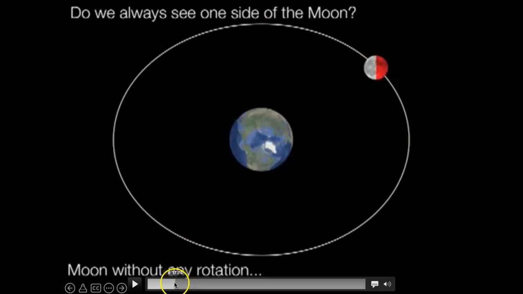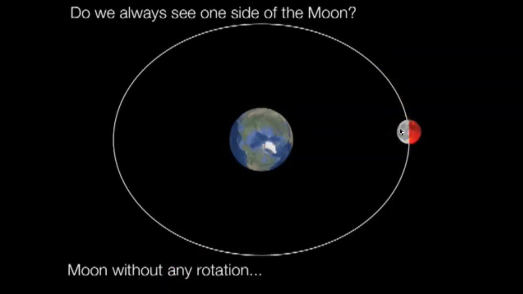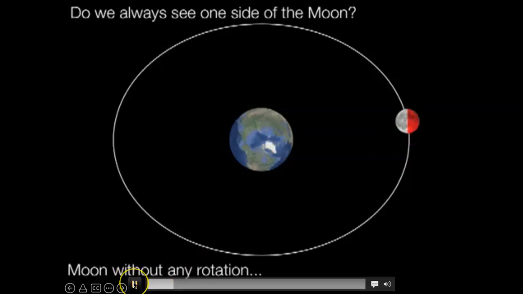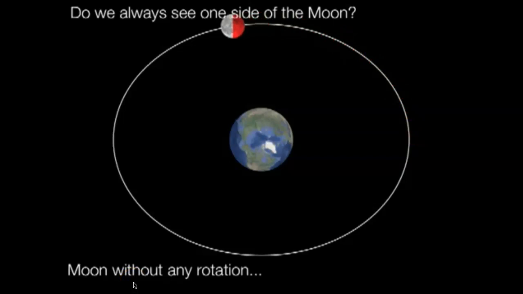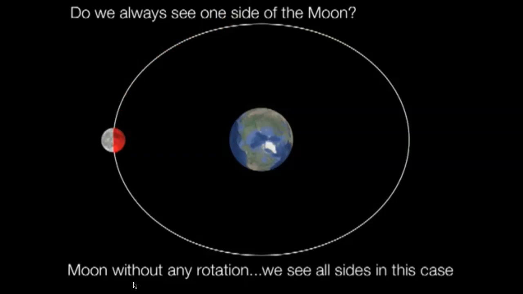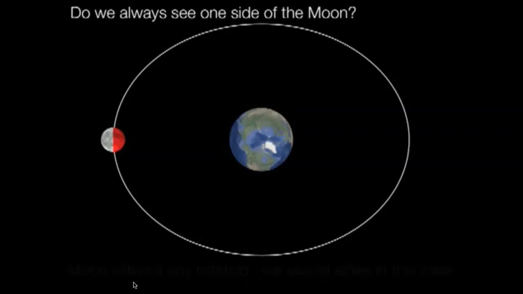Half an orbit later, we would see the white side. If the moon weren't rotating, then we would see all sides of the moon at some point during the month. We would see the red side during half of the month and the white side during the other half.